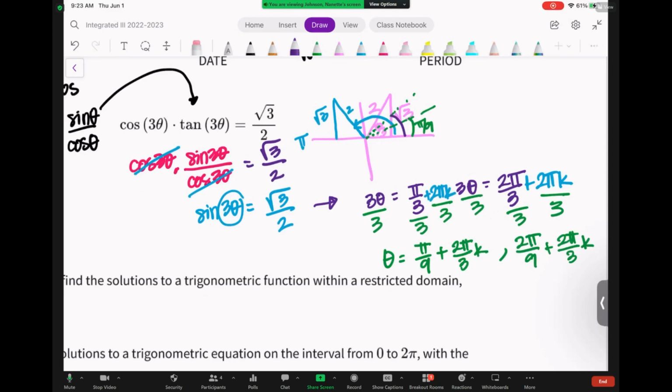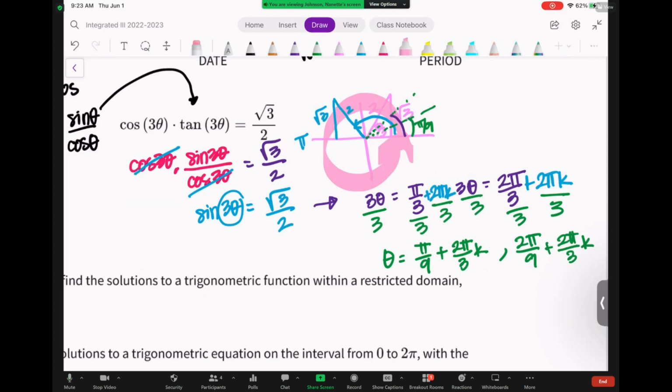Do you see how much of the circle you have left to cover? We have to cover that whole circle up with all of those pi over 9s. Does that make sense?